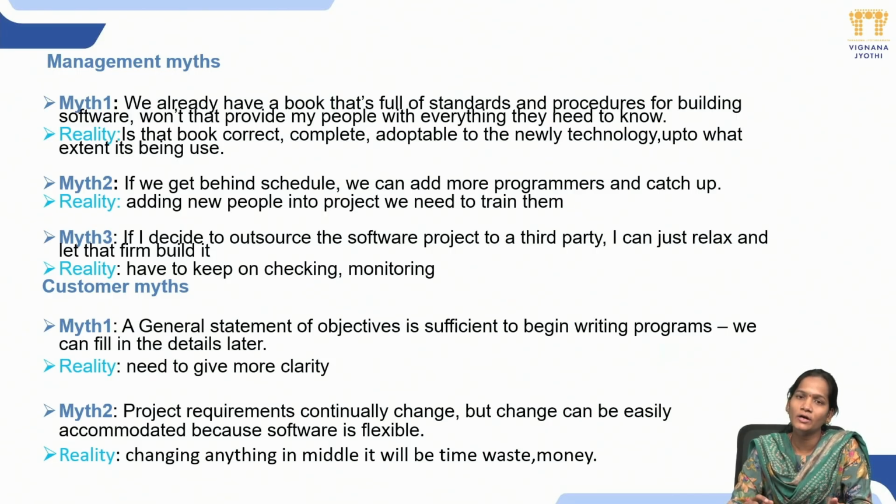But the reality is that we need to explain everything and monitor, checking with the third party every day. So these are the three myths from the management side. These are what management is assuming and imagining, which is not true, because in reality it will be different from the myth. That is what myth means.